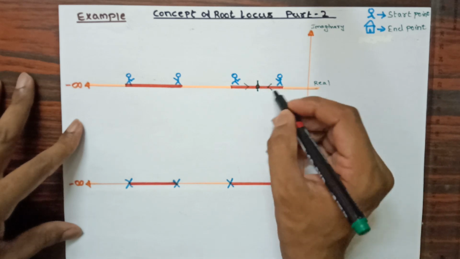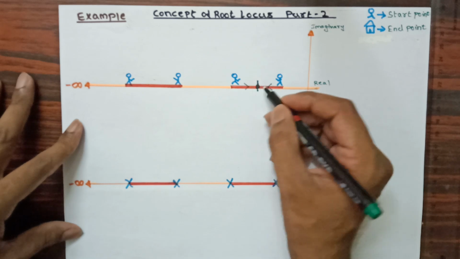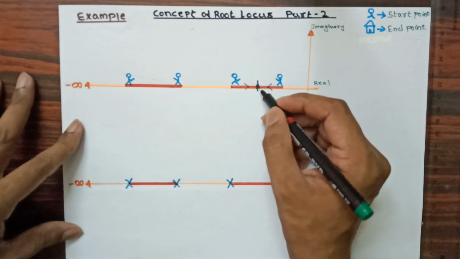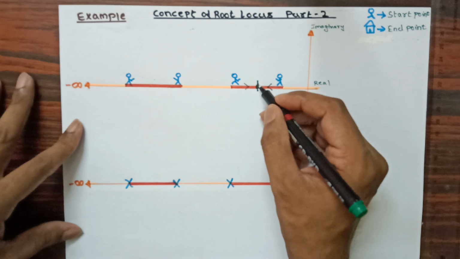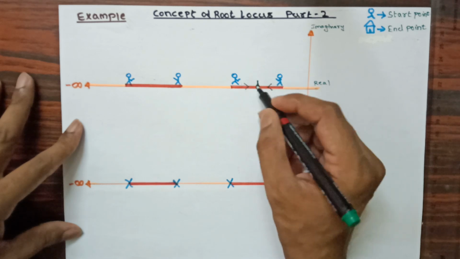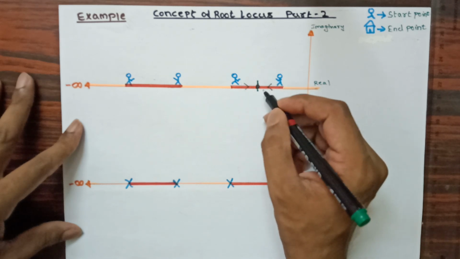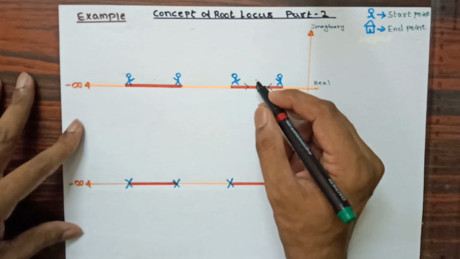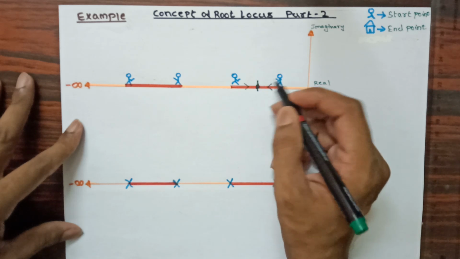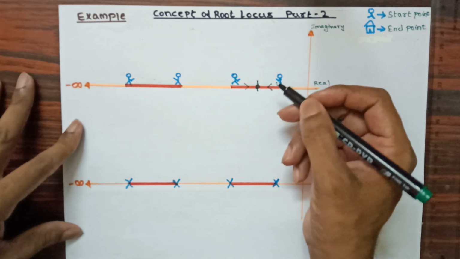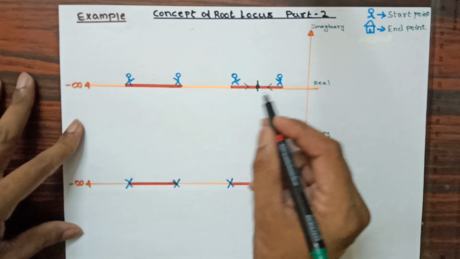But these 2 persons need to move towards an infinite destination, and they can't move without an angle. I need to provide an angle for these 2 persons, so that by looking at that angle they will move towards the infinite destination. We'll see what angles are to be given to these 2 persons.